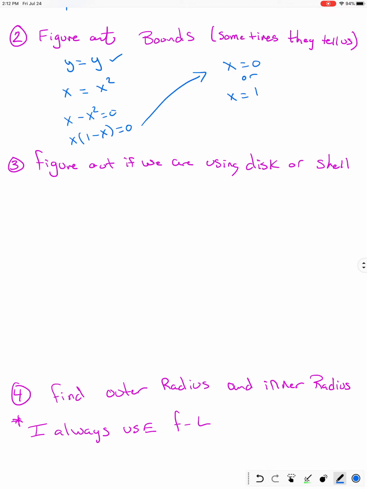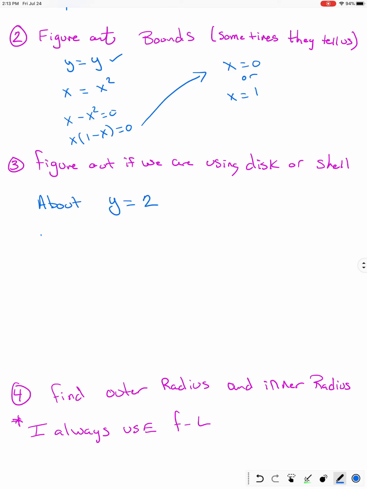Sometimes it says, using the disk method find. Or I'm looking at my homework set and I go, oh, this is in section 6.2 and that's the disk method. But I don't always know. So how do I figure out if I'm using the disk or the shell method? So what I do is I write, we are going about y equals 2.